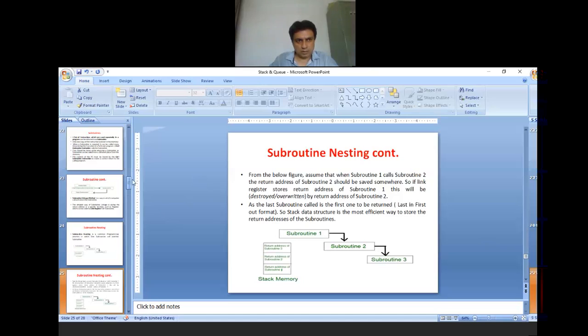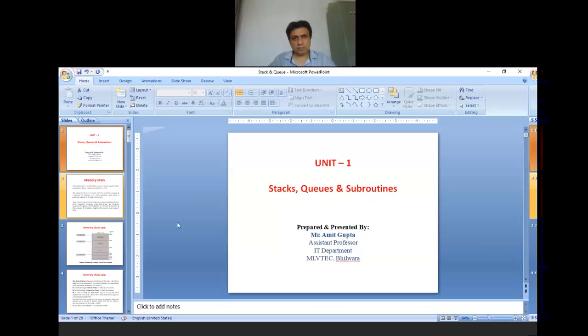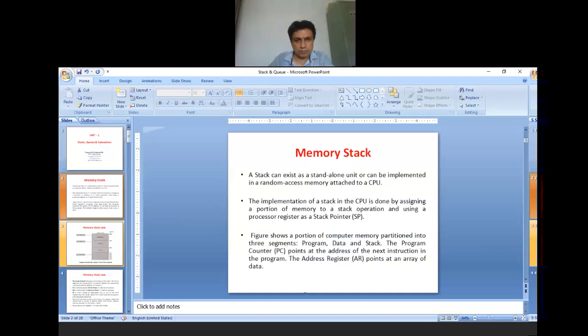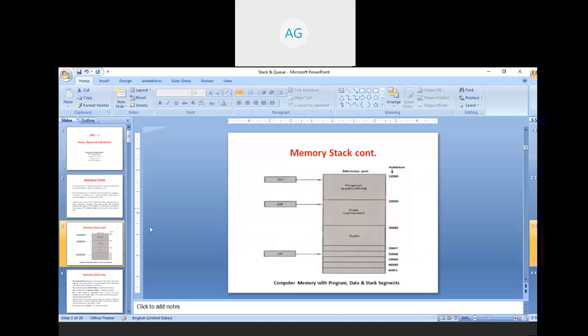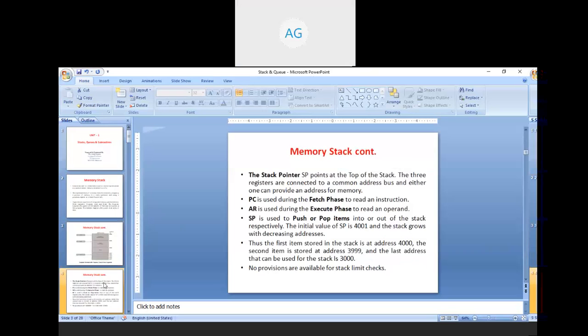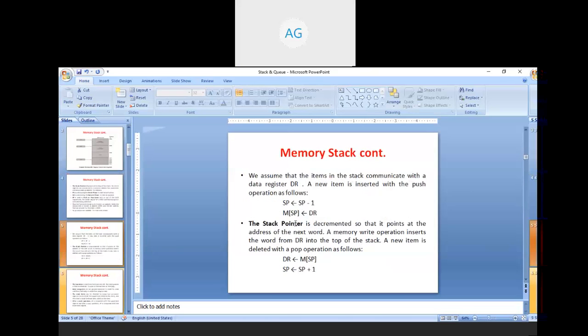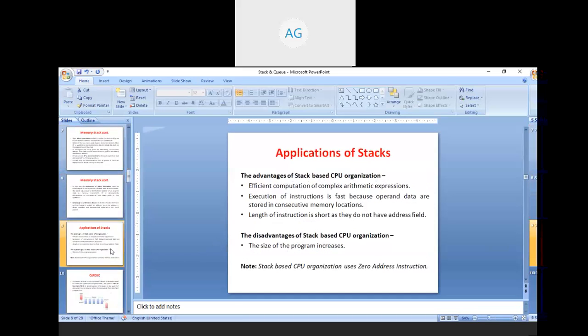So in the last class, we already studied the stack and queues. We already discussed the memory stack, how it is functioning, its two operations, the push and the pop, and the applications of stacks.